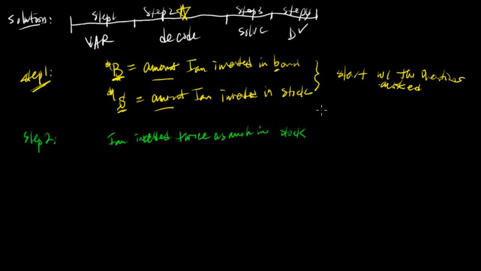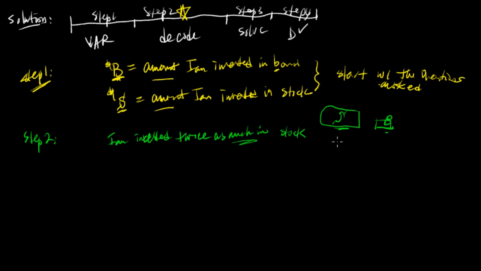Now here is important. We're dealing with twice as much. Of course, it's a clue. We're going to be doing multiplication. What is important is that you figure out roughly which one is bigger, so that this prevents you making any errors in placing the multiplication. So stock is more. Bond is less. Being a new college graduate, he's more aggressive in investing. So stock is more, bond is less.